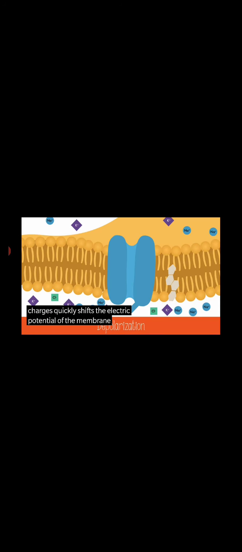Positive charges quickly shift the electric potential of the membrane so that now the outside is more negative and the inside of the cell is more positive. So just to be sure that you understand this, normally it's opposite, yes? Normally you have negative inside, positive outside. But now we have the action potential.